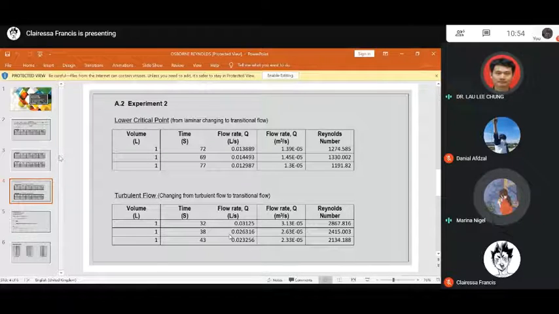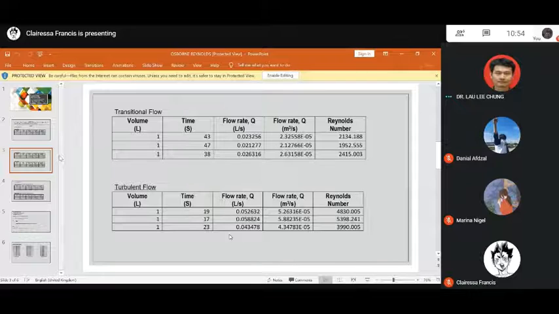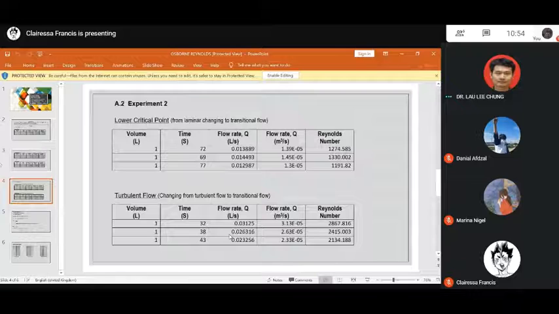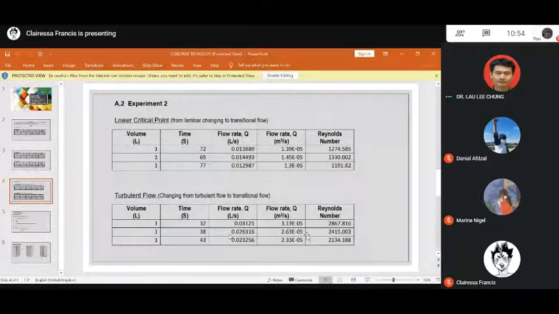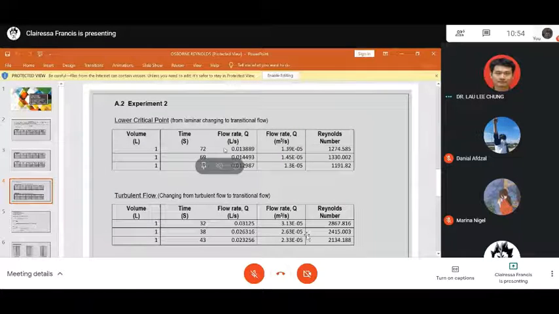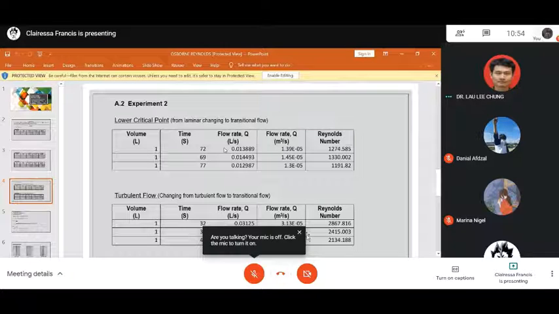To determine the region, what is the difference between experiment 1 and 2? The changing, the velocity? I think you answered correctly, but you have to answer again.